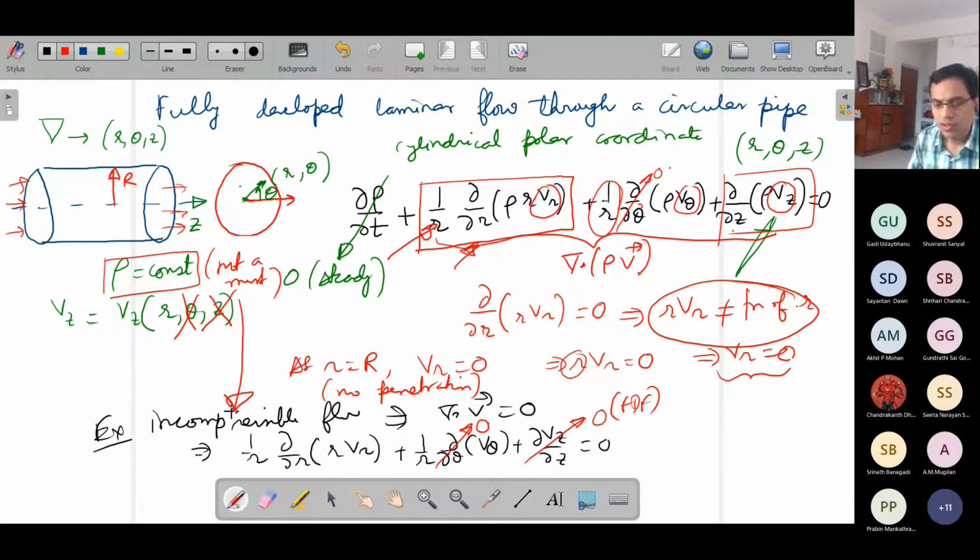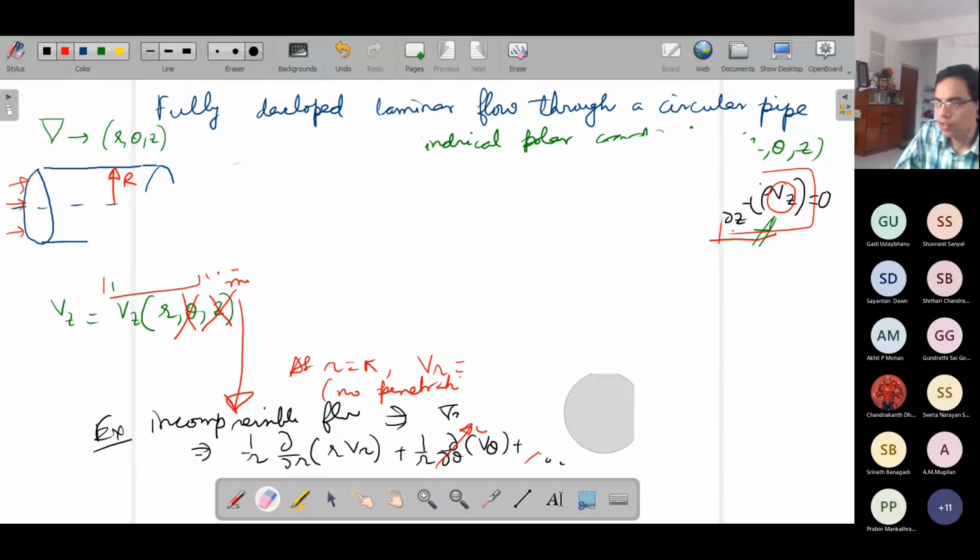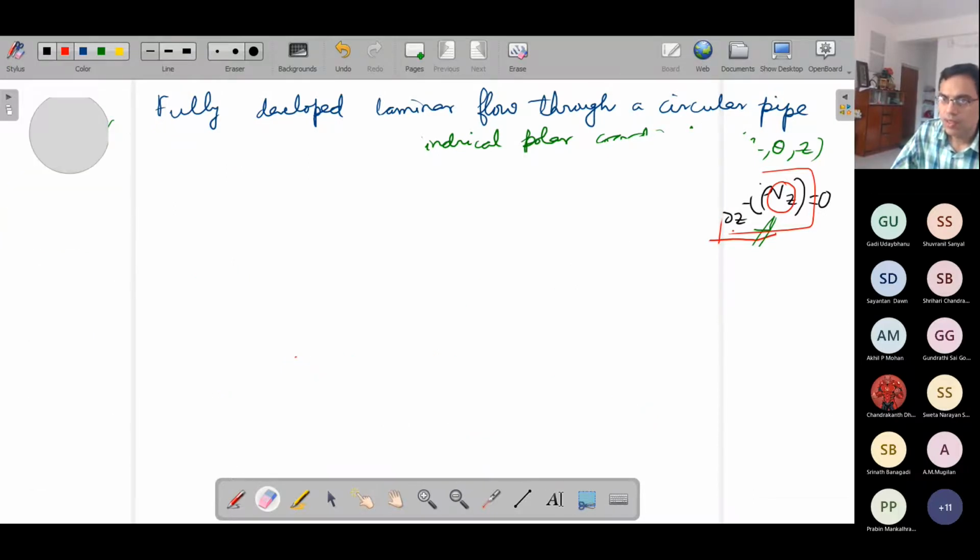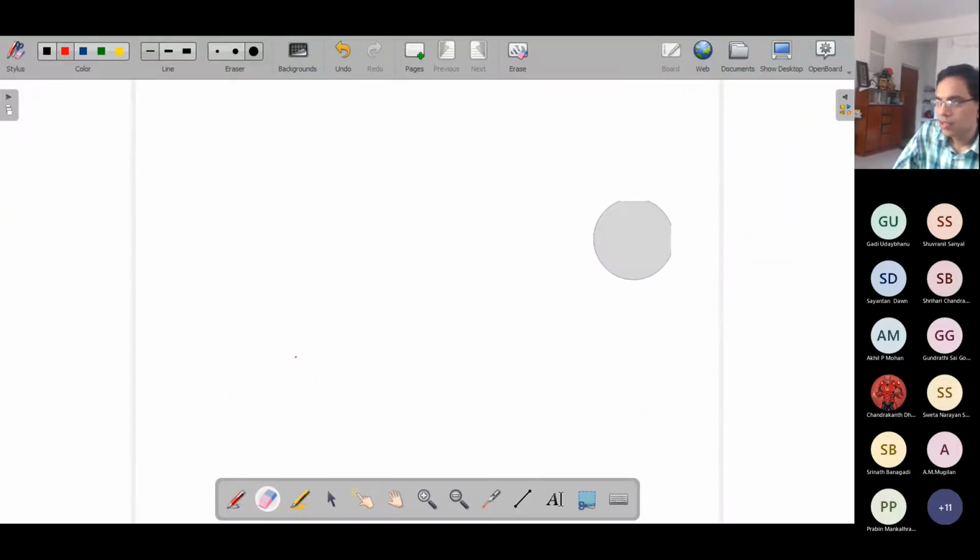Now, once we have understood that Vr equal to 0, that is the outcome of this fully developed flow. Now we will write the momentum equations, that means the different components of the Navier-Stokes equation. So summarily, what we have just derived is valid for incompressible fully developed flow and steady, of course.